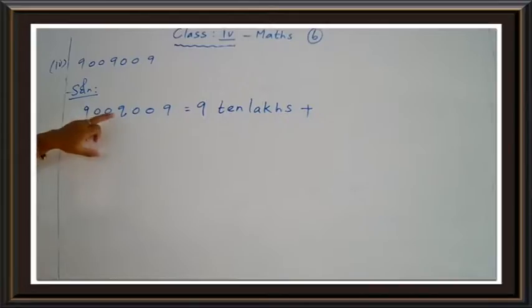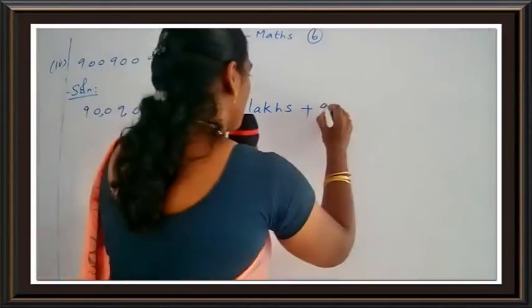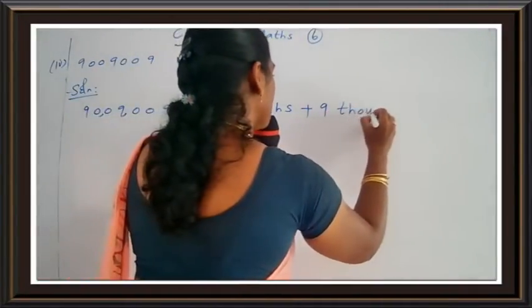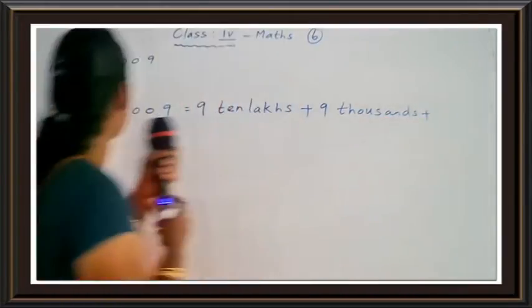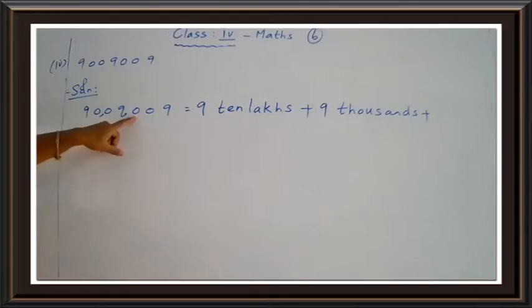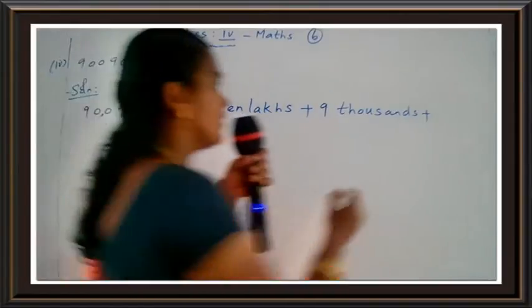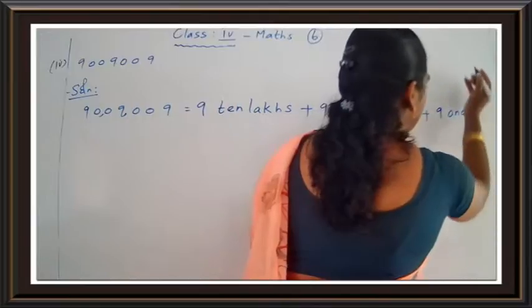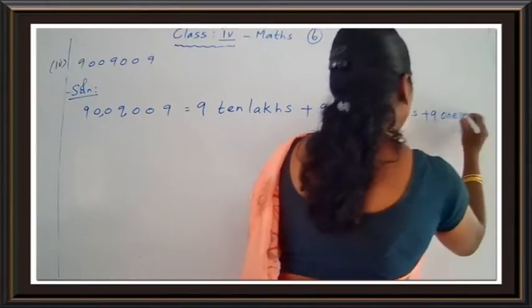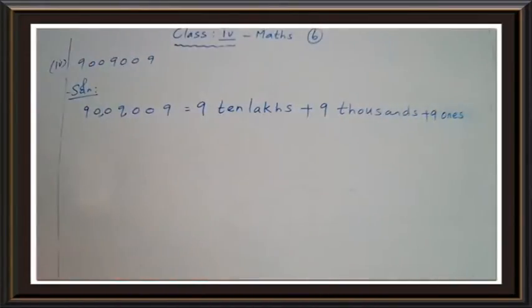Next you come to this place, 9. What is the place value of this 9? 9,000, plus. Next you come, the hundreds place is 0, the tens place is 0, only the ones place, that is 9. So 9 ones. Okay, children, do you understand?